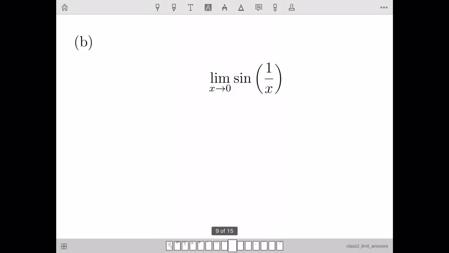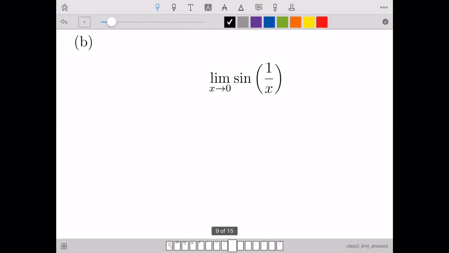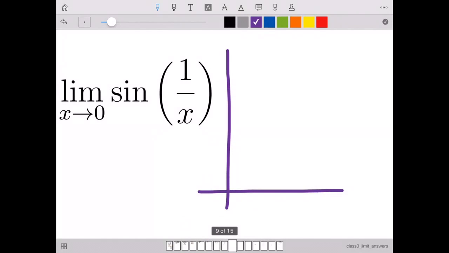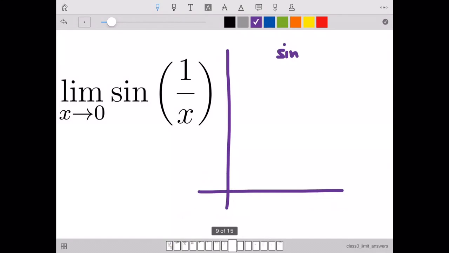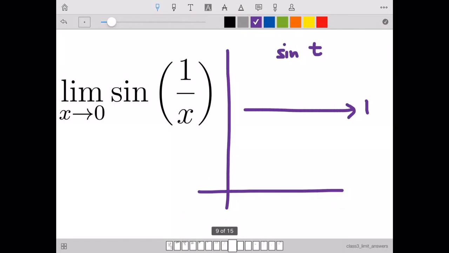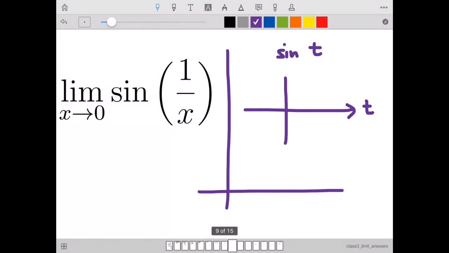Let's continue. Number 7b. Limit as x approaches 0 of sine of 1 over x. So you know from your previous math class the graph of sine t. How does it go?